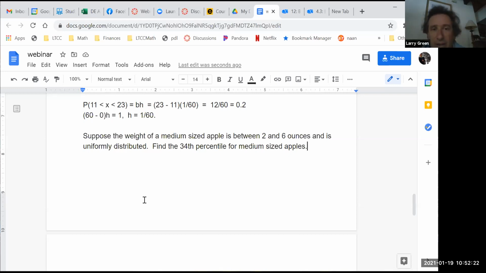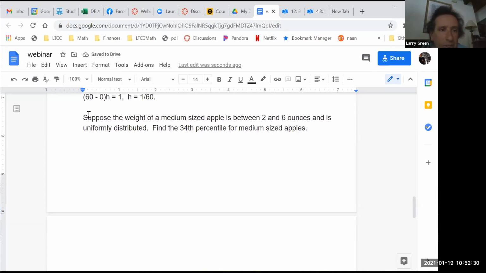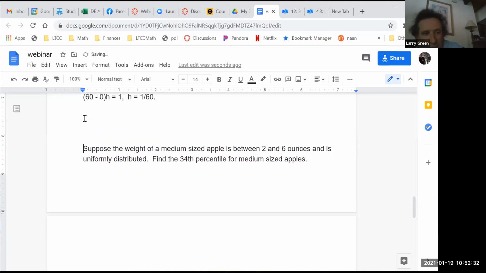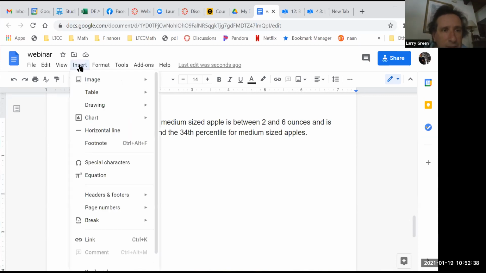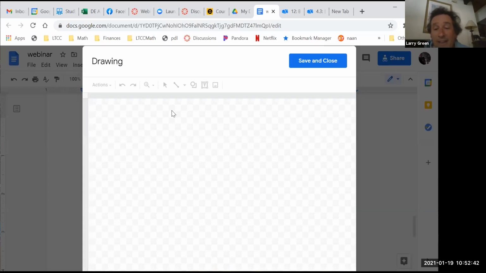Okay, so what I'm going to do now is draw a picture. Let's start a new page. Now I'll draw a picture. And again, this is Google Doc, so if you ever want to draw something using Google Doc, this is how you do it.